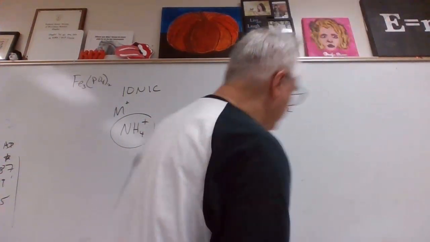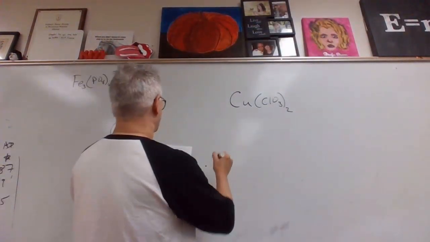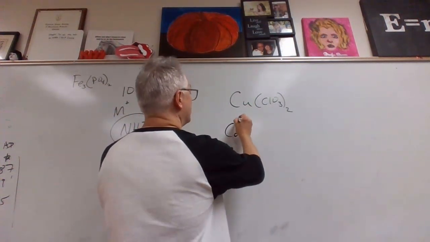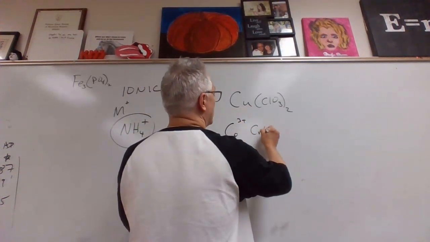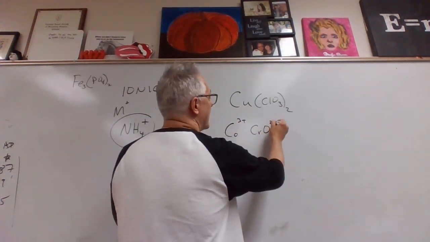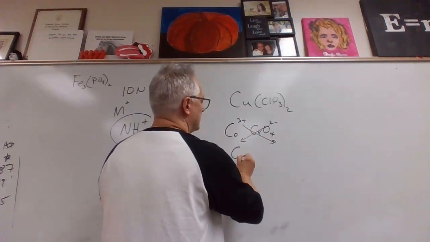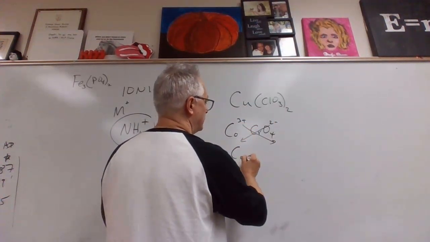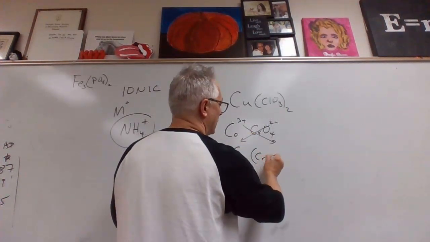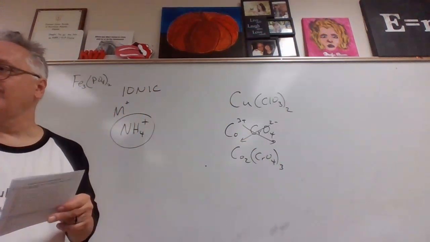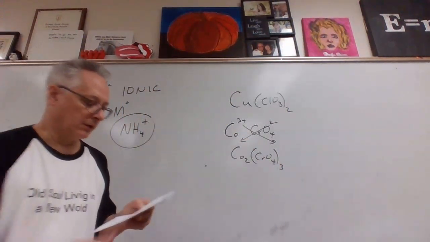It says -2 charge, right? So this is Co with a +3 charge, CrO4 chromate with a -2 charge. So bring the 3 down there and the 2 down there. Co2(CrO4)3.